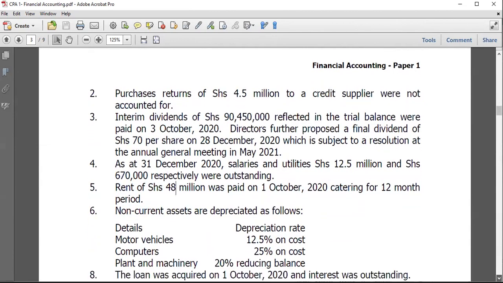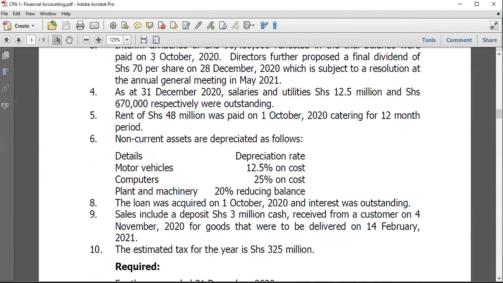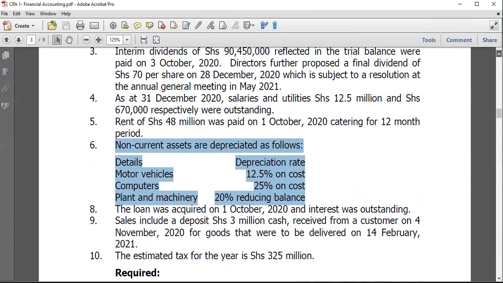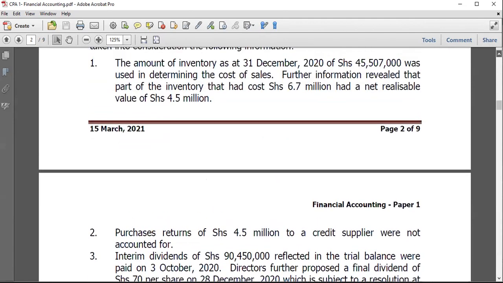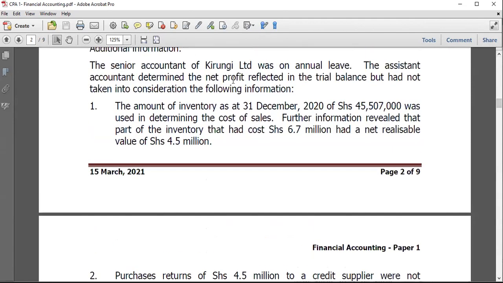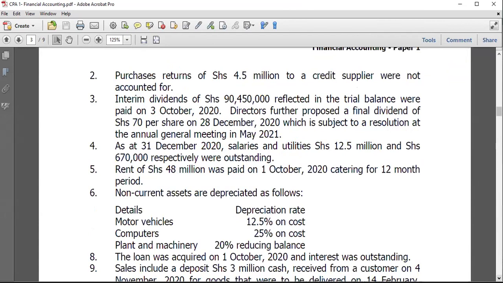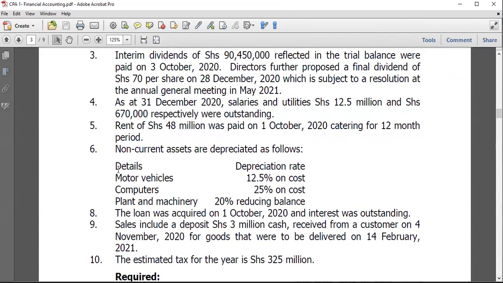Now, the next thing we also have here is that non-current assets were depreciated as follows. In the same way, remember they are telling us that the assistant accountant determined the net profit reflected, but had not taken into consideration the following information. So it means that even the net profit we have didn't take into consideration this depreciation, everything that is down here.